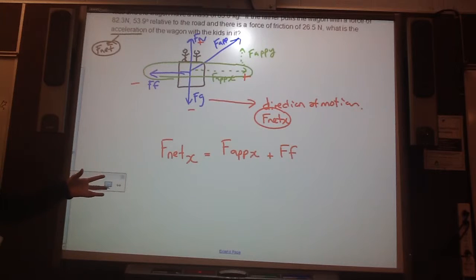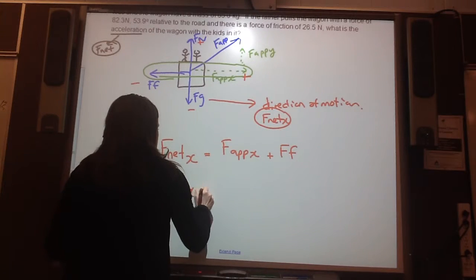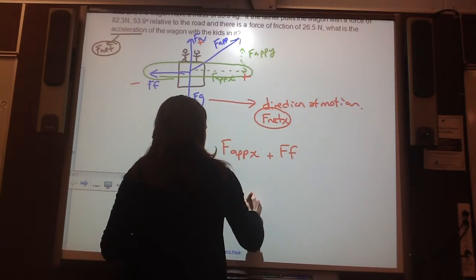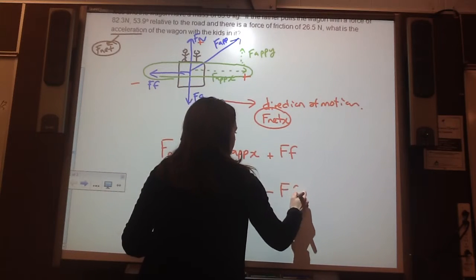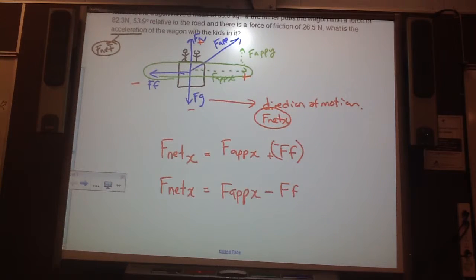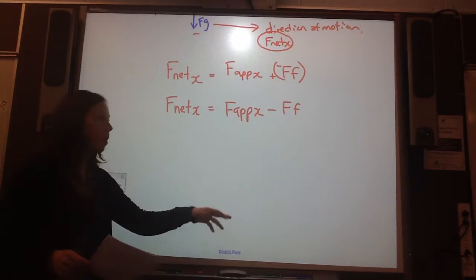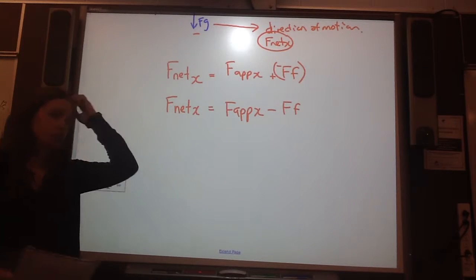So if you want to rewrite this formula so that you don't make that mistake, you could write it like this: F net x is equal to F app x minus FF, because it's really plus a negative FF. If you see that you're making that mistake, just set up the equation with the negatives and the positives to begin with, because you know that your FF is always going to be negative because it's opposing the direction of movement.